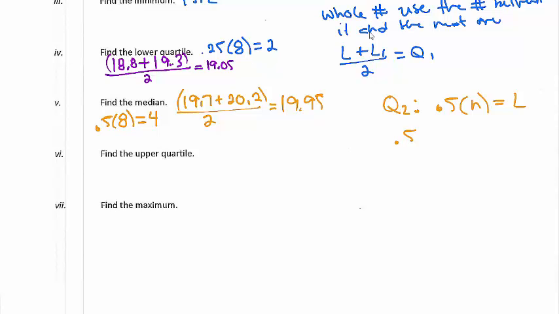Okay, quartile 3 then. Could you guess quartile 3 is 0.75 times the number of numbers, and that would be what they call your locator. So 0.75 times n is 6, right?